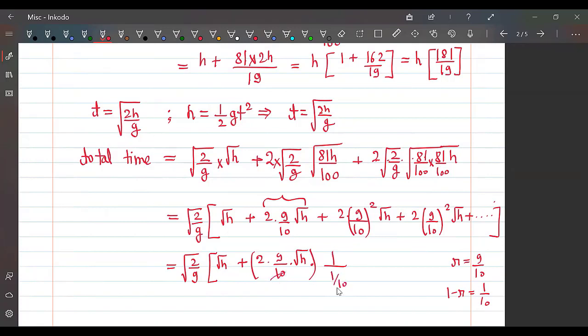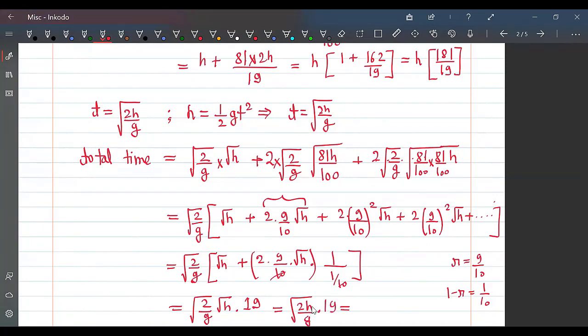This 10 gets cancelled, and this comes out to us as root 2 by g. I can take root h common, and 1 plus 18, that would be 19. So if I calculate this value, this is root 2h upon g into 19.